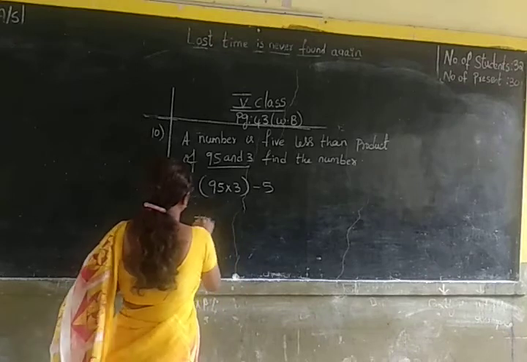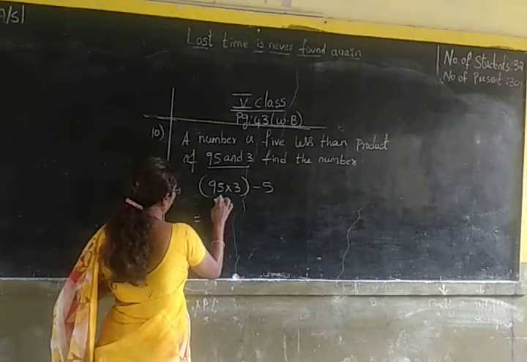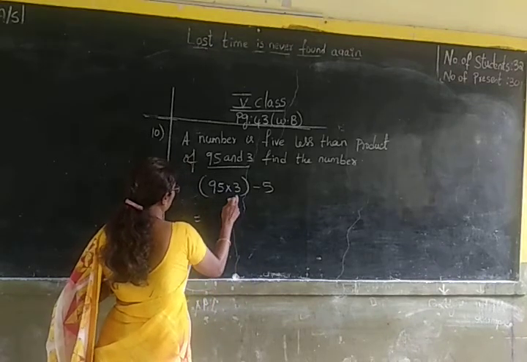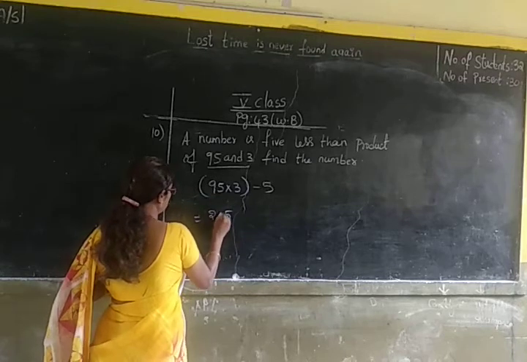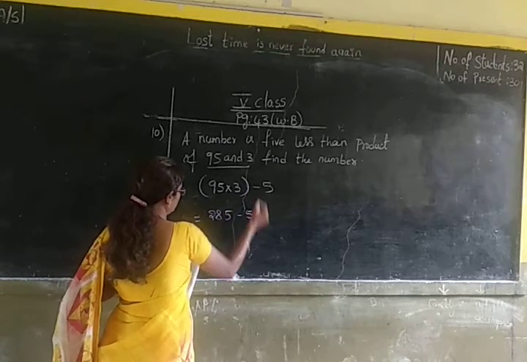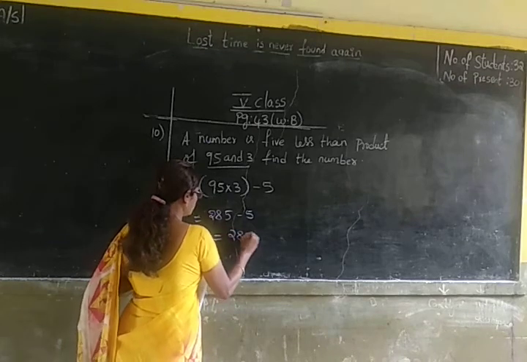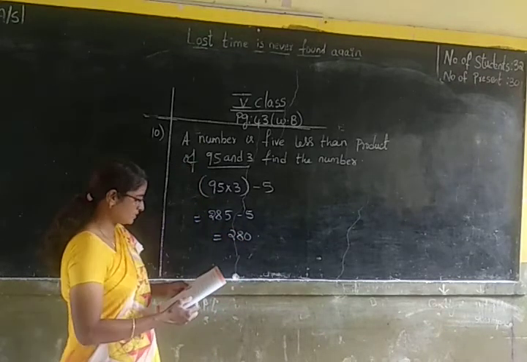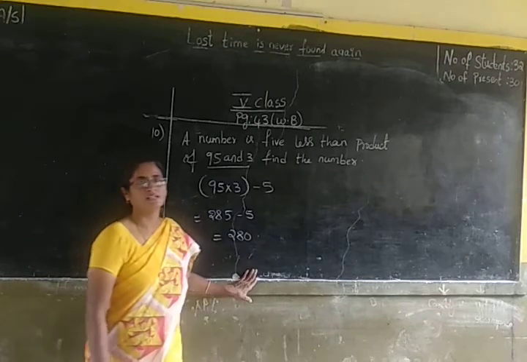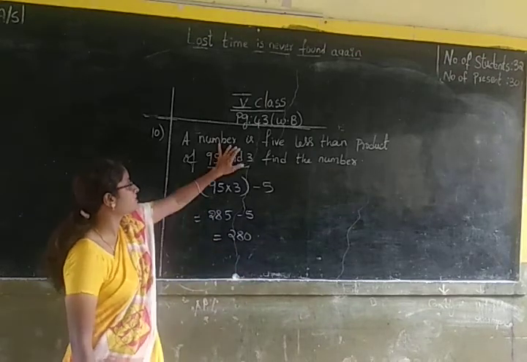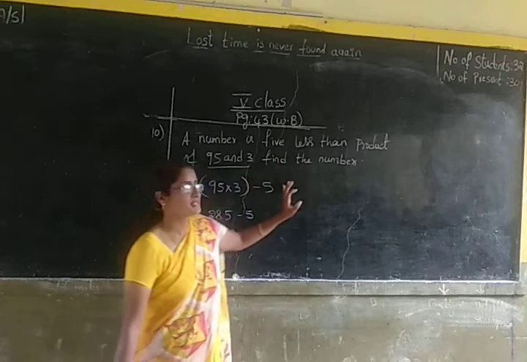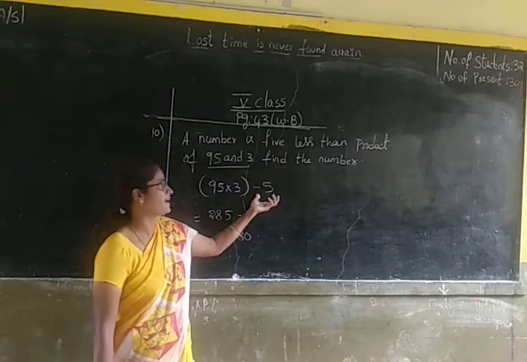Okay children. 5 times 3 is 15. 3 9s are 27 plus 1 is 28. So 285 minus 5 is 280. So the number is 280. Did you understand, children? It is less means you have to do subtraction.